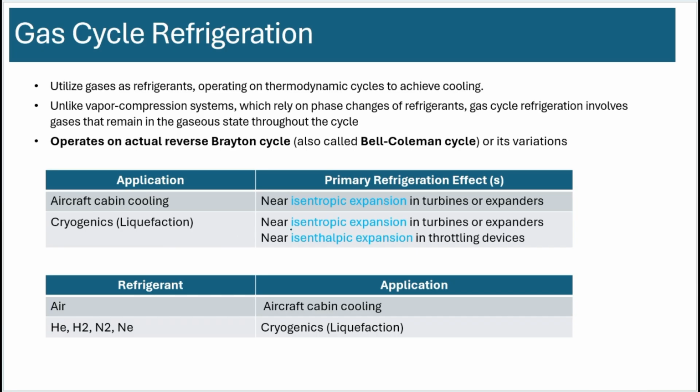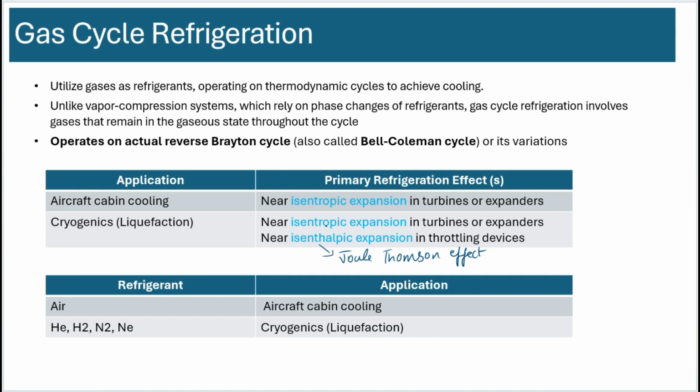In cryogenics, it uses both isentropic and isenthalpic expansion. The isenthalpic one is the one we have seen a few lectures ago, and we have studied that it is the Joule-Thomson effect. The gas expands through a throttling device and drops in pressure.